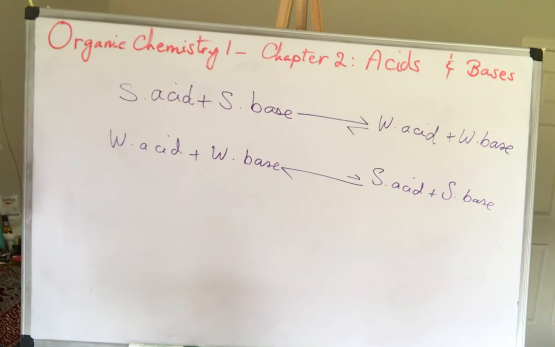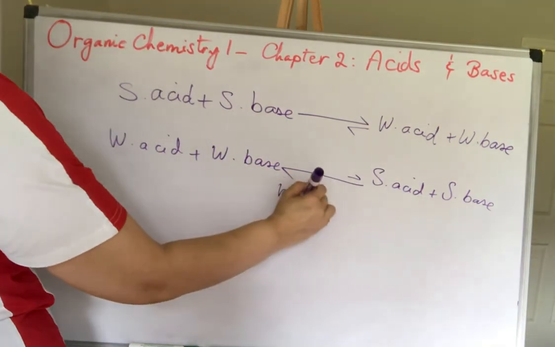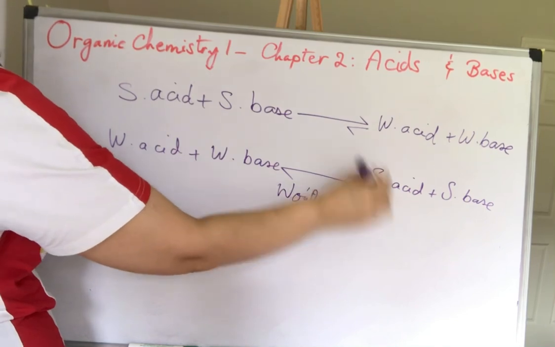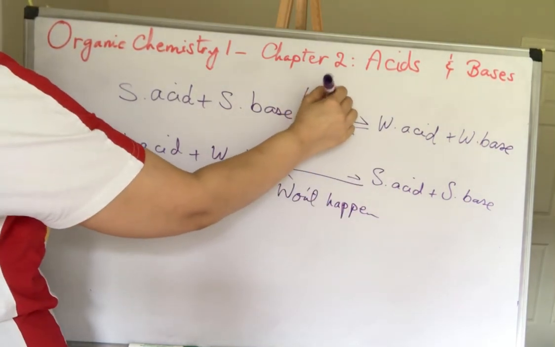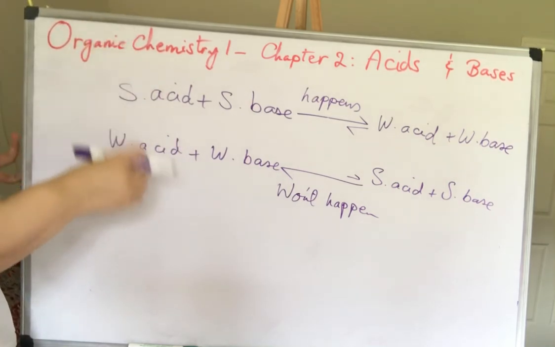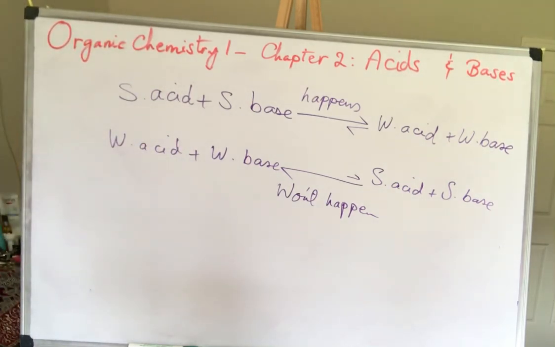So it won't occur. This one won't happen, but this one strongly happens. So if you add a weak acid and a weak base to each other, don't expect anything to happen, or expect that hardly anything happens.